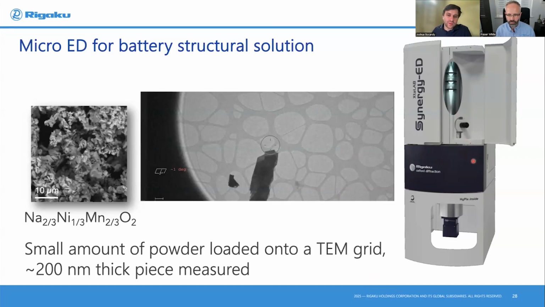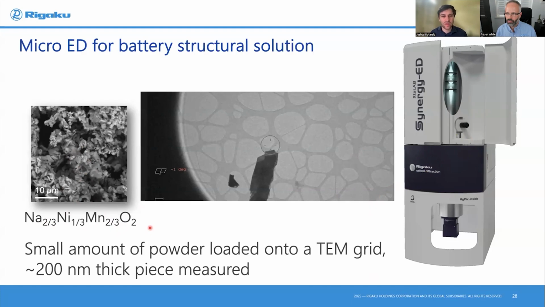This is an instrument that is essentially a TEM optimized for diffraction, to take fast diffraction patterns with continuous rotation on any sort of TEM quality sample. So we'll take our typical battery sample, in this case sodium, nickel 1/3, manganese 2/3 O2, one of these layered metal oxides.